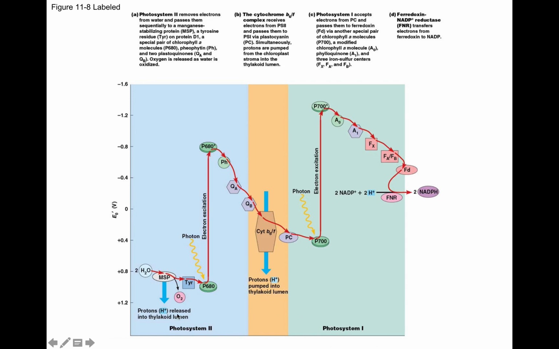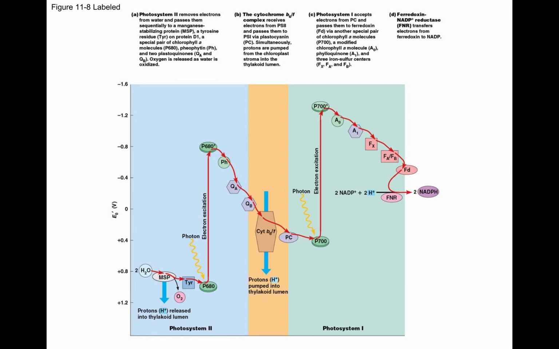This is the first one discovered. This is the second one discovered. P680 refers to the maximum action spectrum for that photosystem, and that is most activated at 680 nanometers wavelength of light, whereas this one has its peak at 700 nanometers wavelength of light.